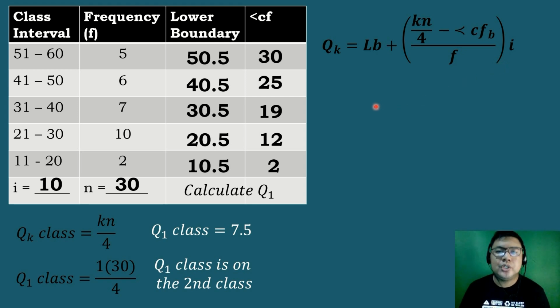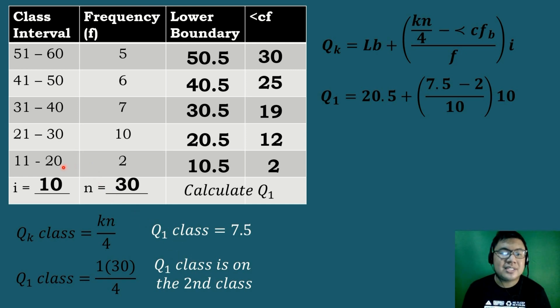We will substitute the corresponding values. So we have Q sub 1 is equal to the lower boundary. We will be looking at our quartile class, which is located on the second class. What is the lower boundary of the second class? That is 20.5.